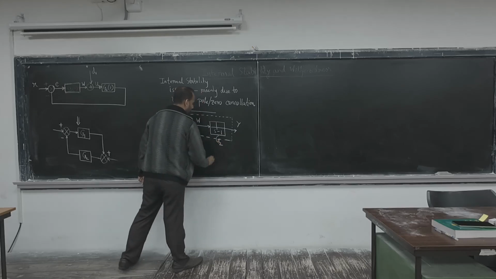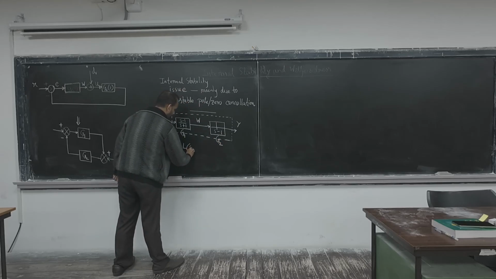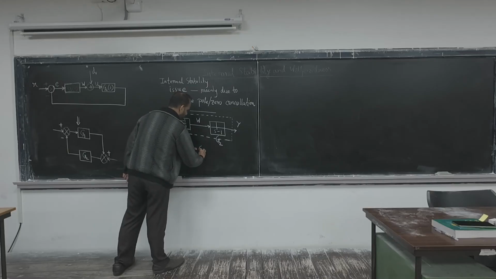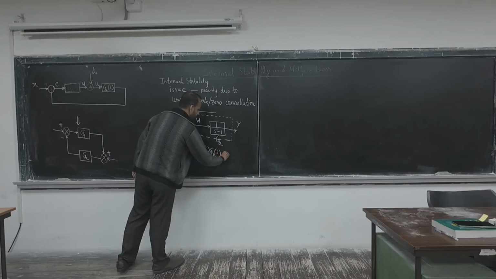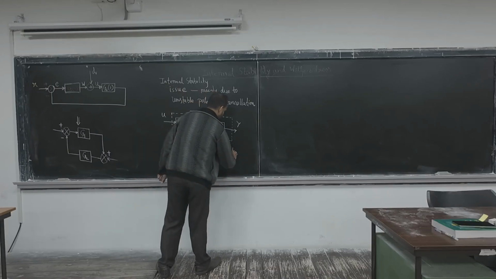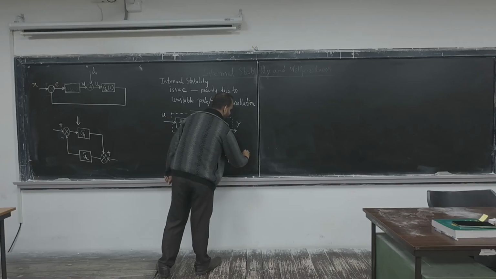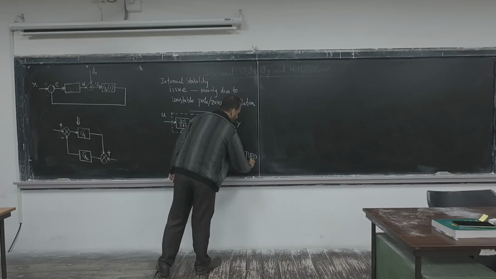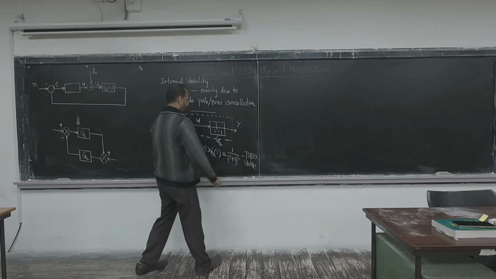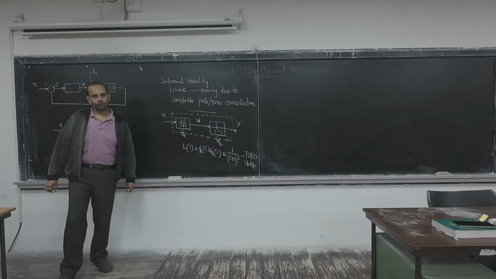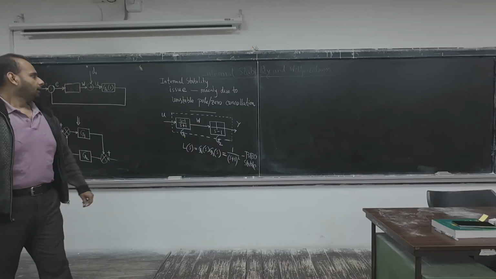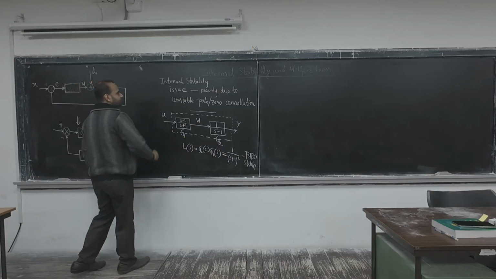So if I say here x10 or x20 is now my initial condition, and as a whole I am mentioning x bar 0, the initial condition of the whole interconnection, then whether x(t), the state trajectory of the entire system, goes to 0 from x bar 0 as t tends to infinity.